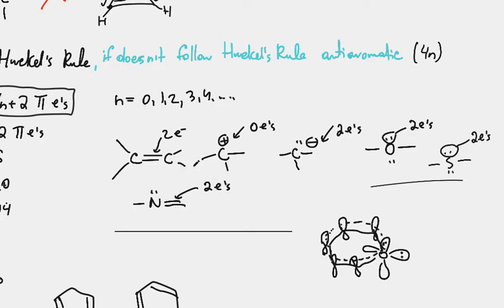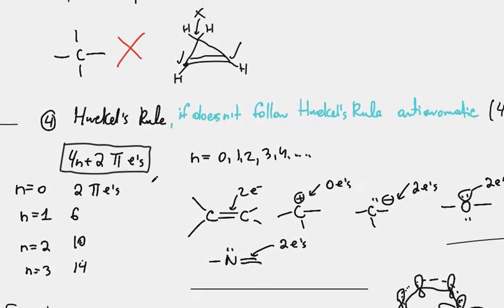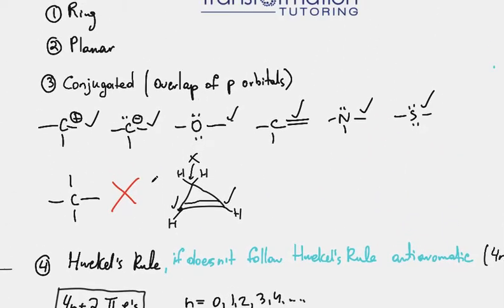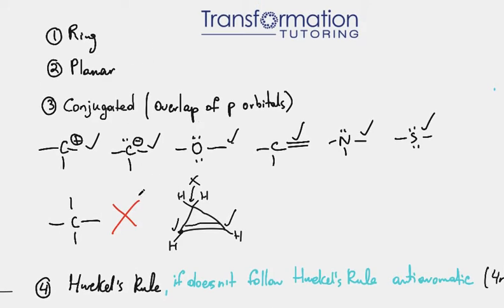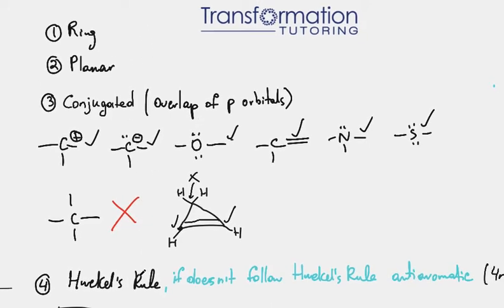So I basically have talked to you about some of the tricks of conjugation. We went over different examples of whether a p orbital would exist in an atom or not, and same thing with Hückel's rule. Now I just want to specify that if all of these conditions that we talked about are fulfilled, your molecule will be aromatic.